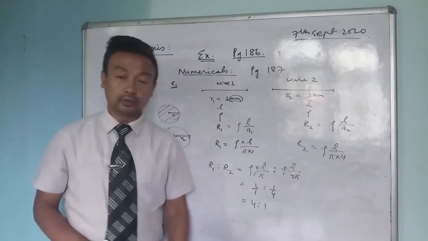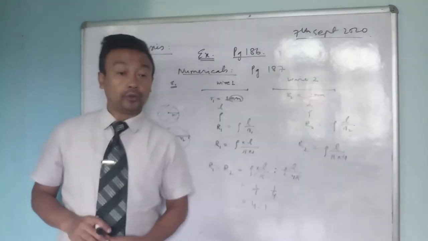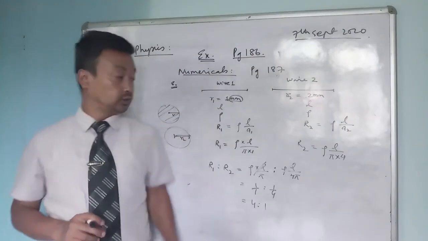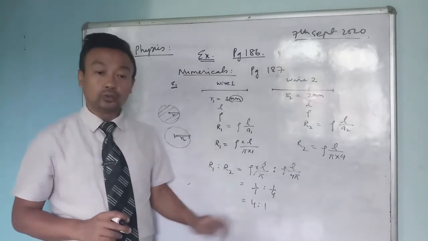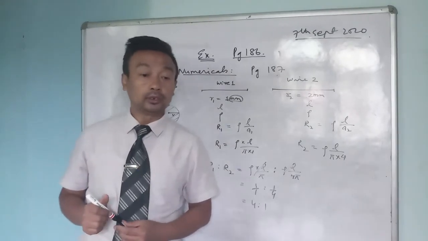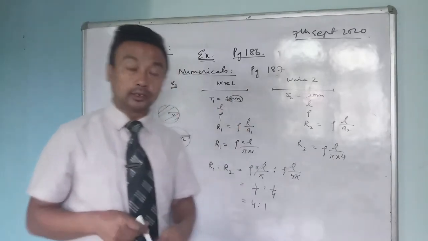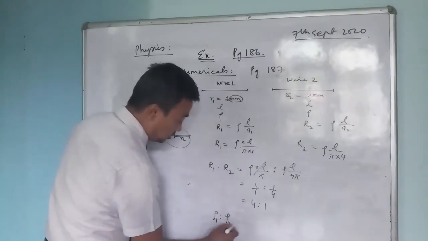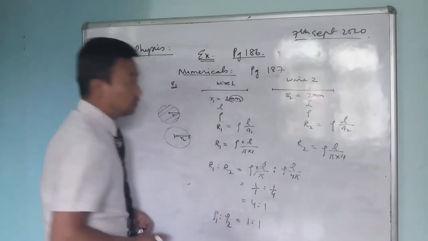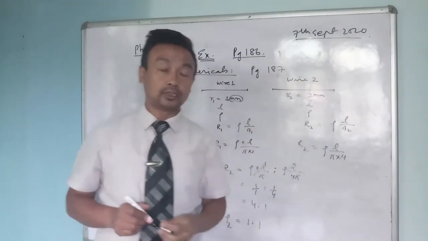So what is the ratio of their resistances? The ratio will be 4 is to 1. Number 2, what will be the ratio of the specific resistance? It will be same, 1 is to 1, because both of them are of the same material.